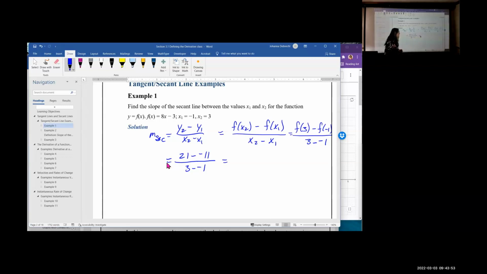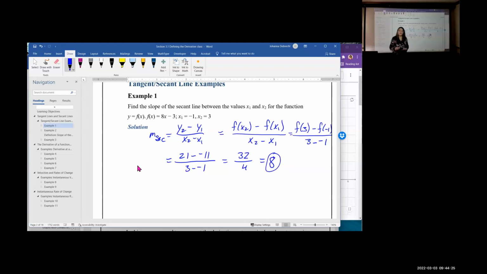It does help if you will make the negative where it belongs. A subtraction sign and a negative sign are not actually the same sign. The subtraction is shorter and below, and the negative is slightly longer and above. So we have double negatives, which become positives, and I'm getting 32 over 4, which reduces to 8, right?